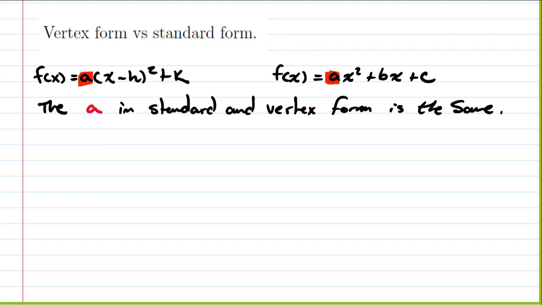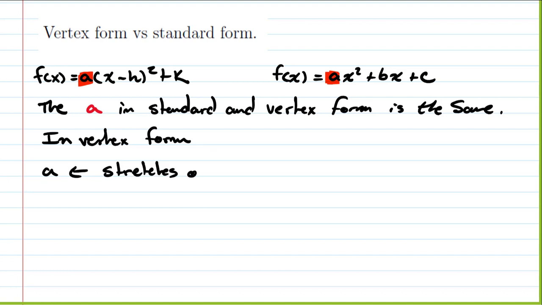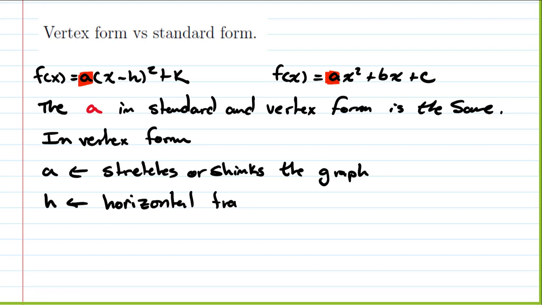So in terms of our translations, shifting, and so forth, in vertex form, a stretches or shrinks the graph. h is the horizontal shift. And k is the vertical translation.